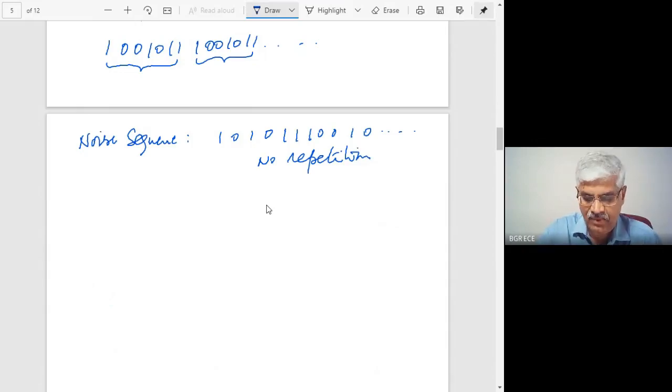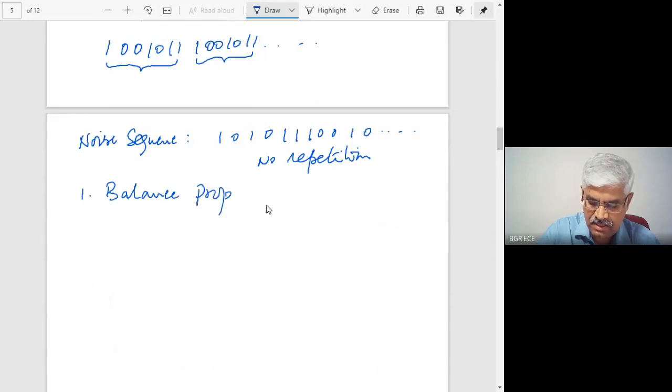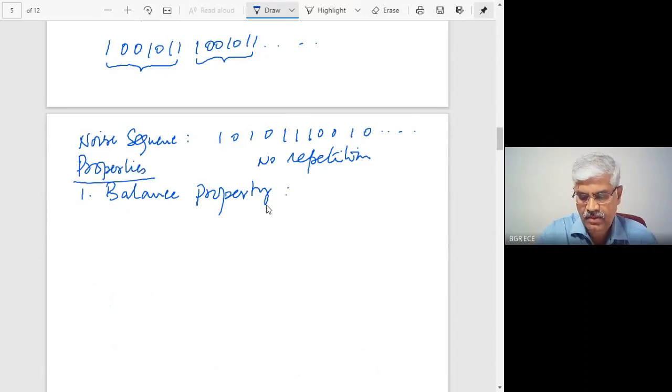But if you look at the properties of such a noise sequence, it will have, let us say, one property called the balance property. This random sequence will have a balance property.